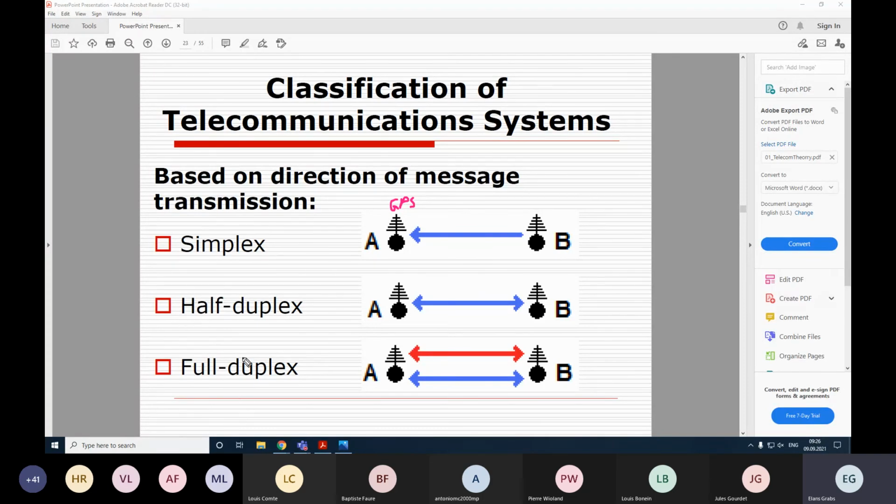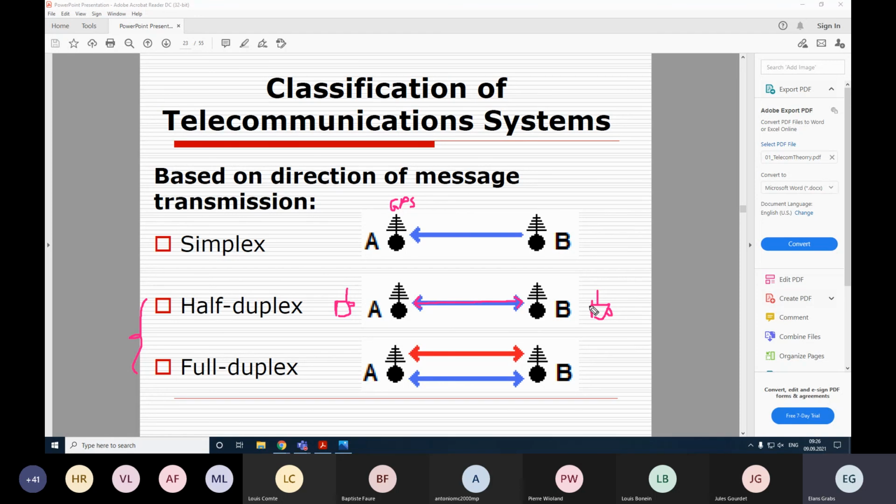Next, we have duplex systems, which can again be divided into two types. Half duplex systems, where we can use the same channel in both directions, but only one at a time. Basically this is again the example with radios. When you press the button and talk, the other person cannot talk, he listens.